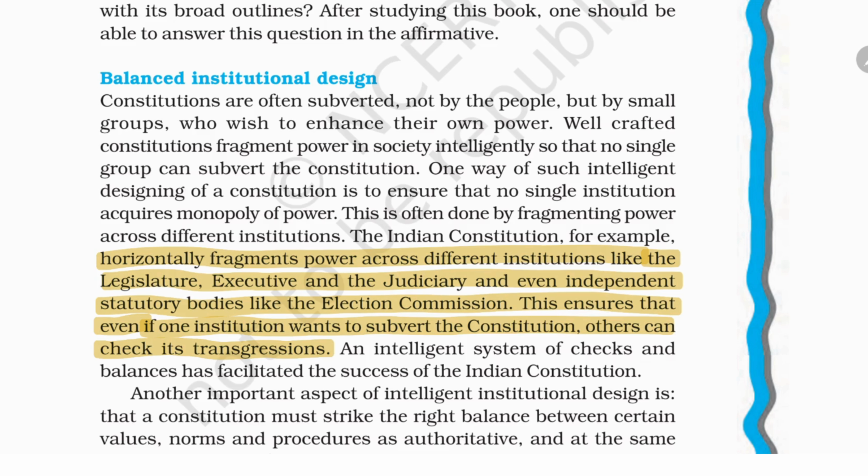This is often done by fragmenting powers across different institutions. The Indian Constitution, for example, horizontally fragments power across different institutions like the legislature, executive, and the judiciary, and even independent statutory bodies like the election commission. This ensures that even if one institution wants to subvert the constitution, others can check its transgressions.